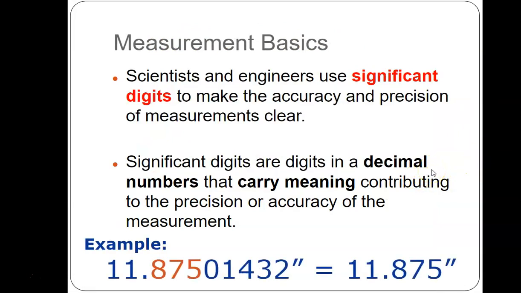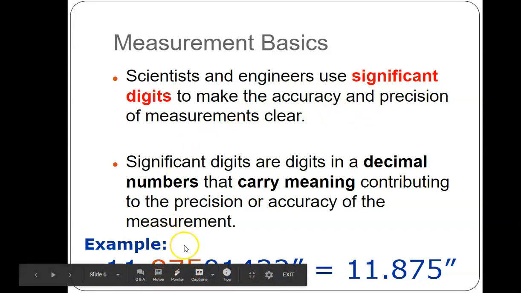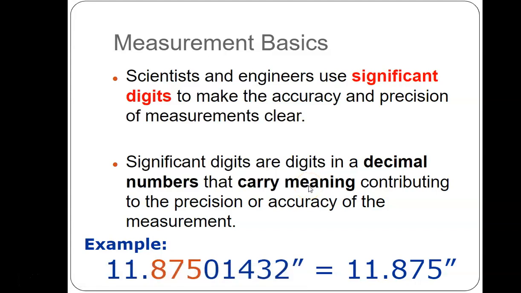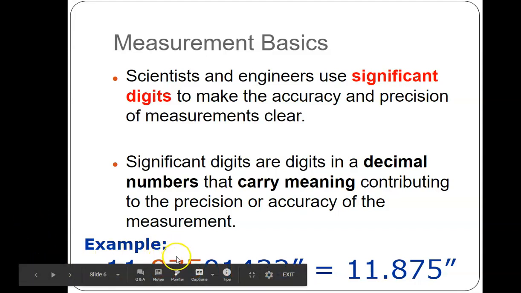In our class, like scientists and engineers, we're going to be using significant digits. Normally significant digits, in my case, are just your three decimal places. It's normally numbers that carry meaning. I know in some science classes they call them sig digs as an abbreviation. In this case, you can just say your tenths, hundredths, thousandths.